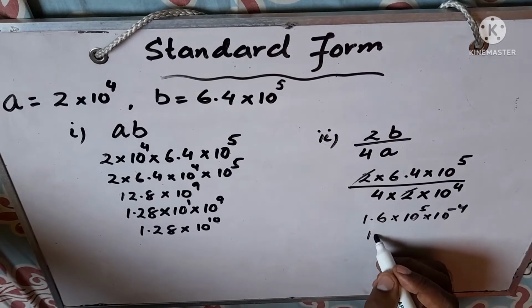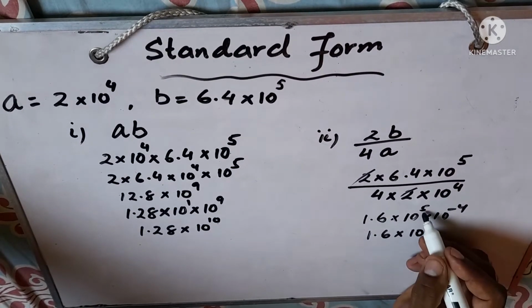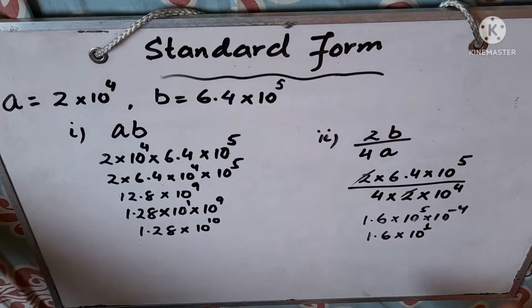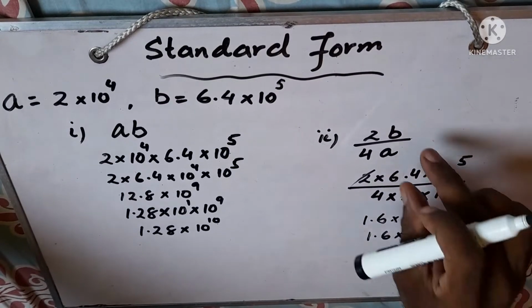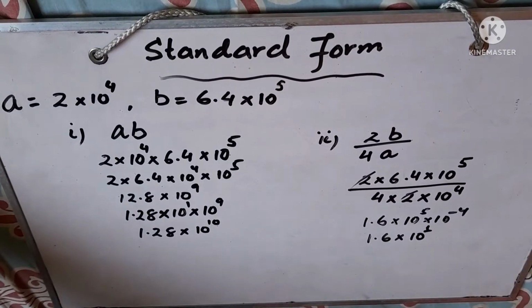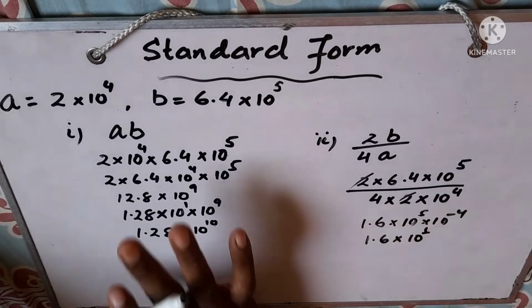So my final answer will be 1.6 times 10 to the power 5 minus 4, which is 1. And this is how I can calculate my second answer, where I have to divide the two numbers given in standard form. Okay, we will be doing some more questions on addition and subtraction.